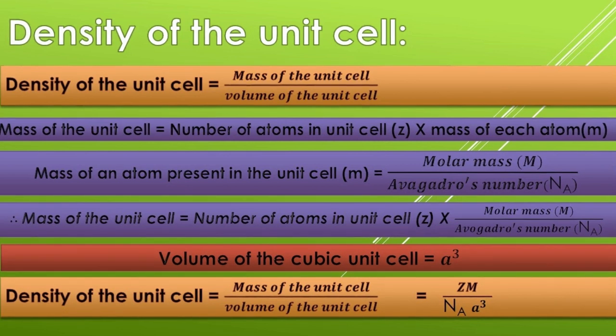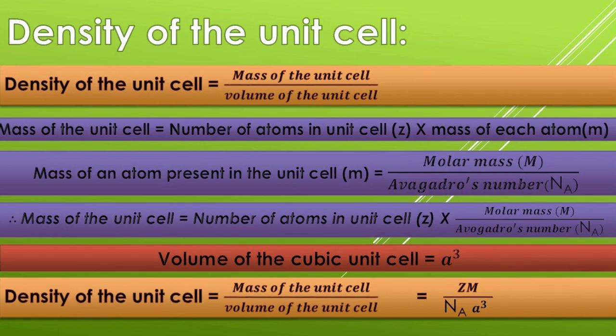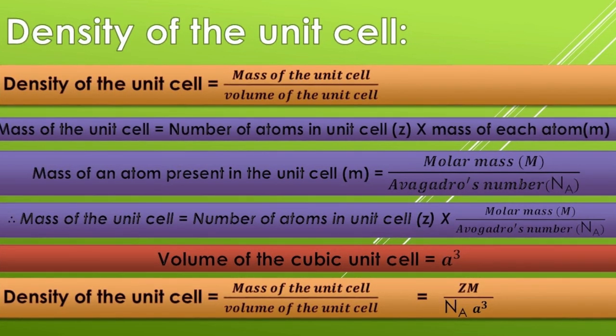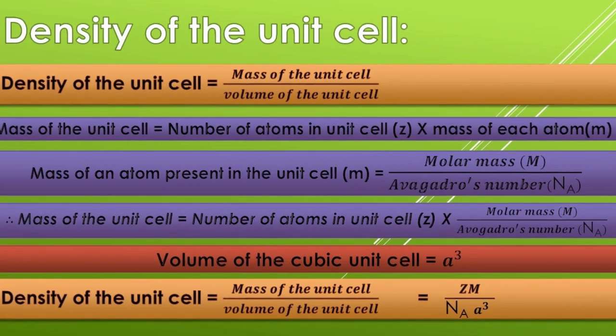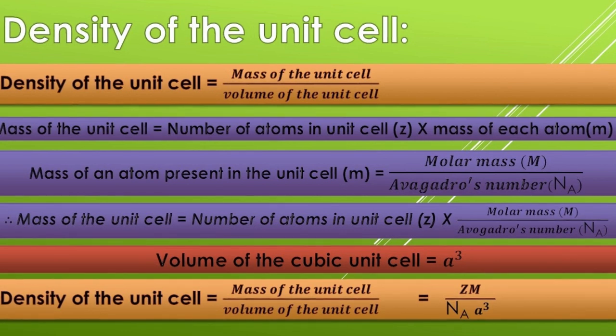So, mass of the unit cell will become equal to the number of atoms present in that unit cell, represented by the letter Z, into molar mass by Avogadro's number. Molar mass will be represented using the letter capital M and Avogadro's number will be represented using the letter Na.